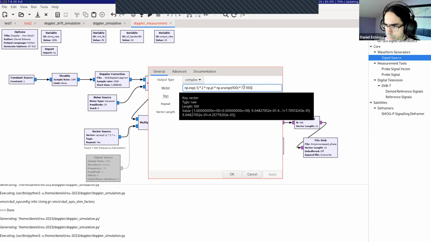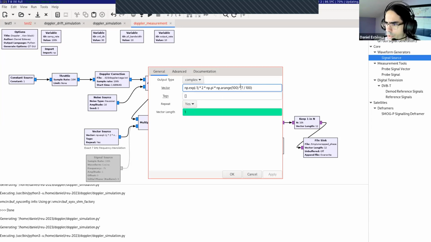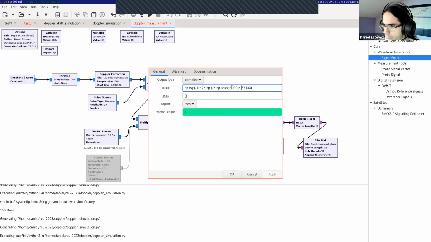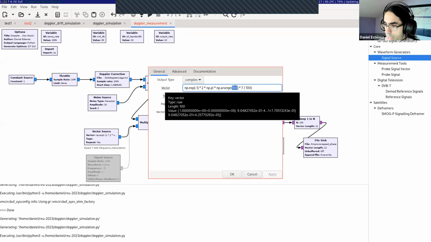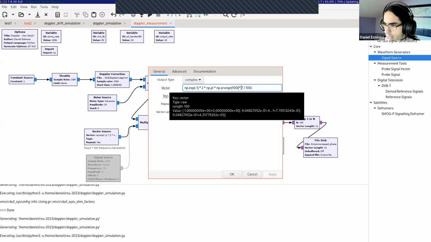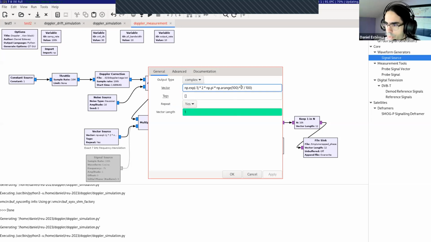If you think about this for a moment, you will realize. So what happens here is this is a sequence of 100 points, and then if I wanted to generate 7 kilohertz, I would need 7 kilohertz divided by the sample rate, which is 100 kilohertz.